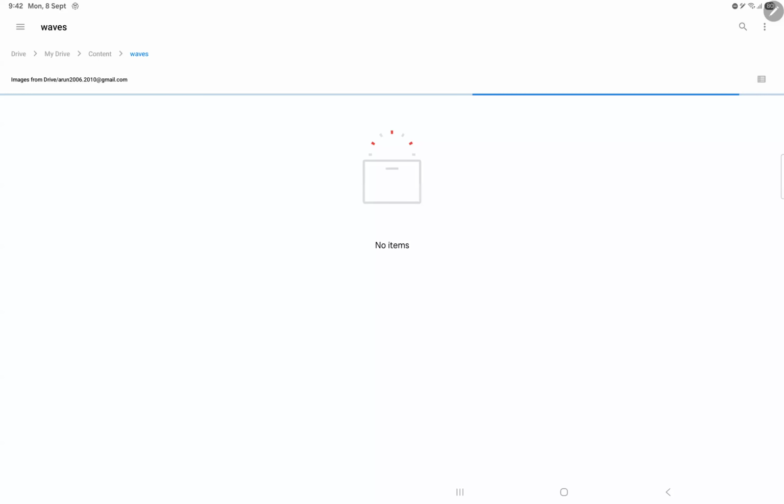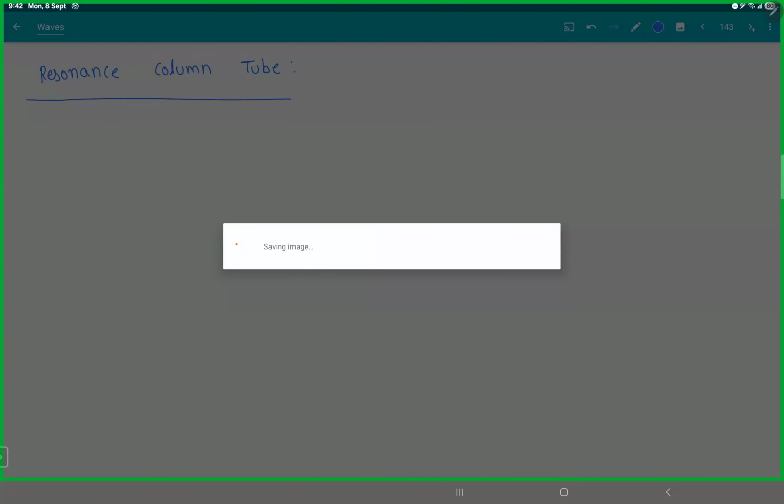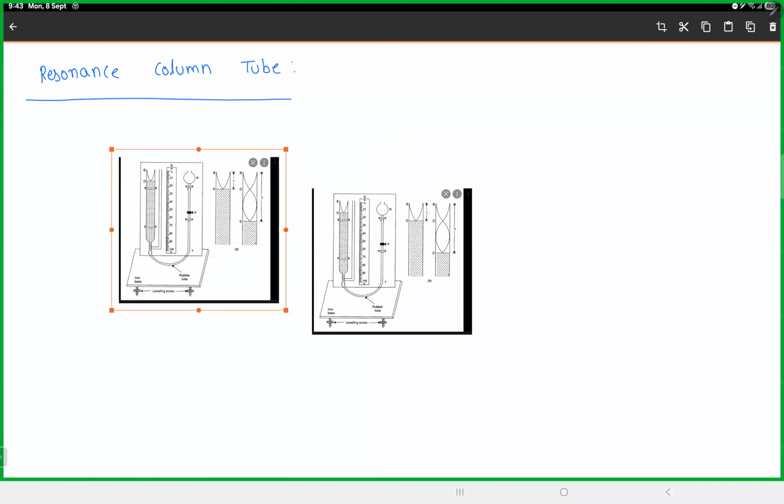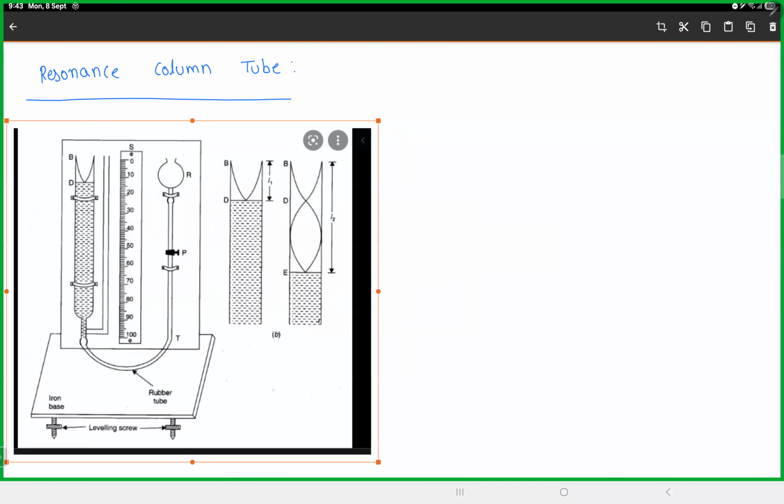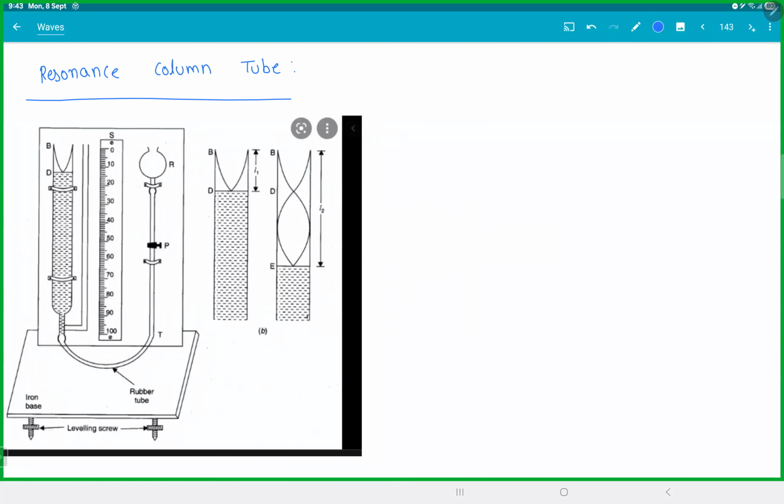This is the schematic. So what is this exactly?